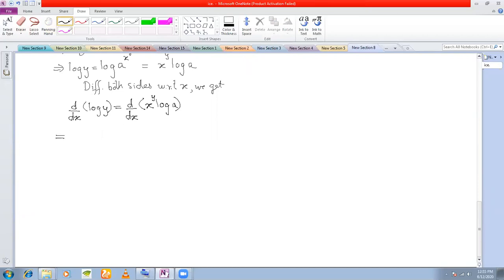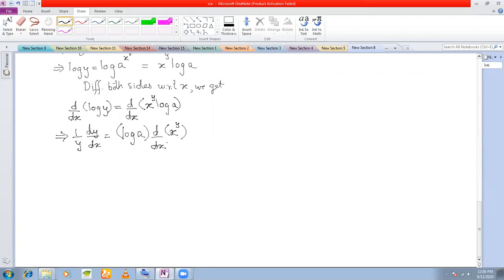That means d/dx log y can be taken as 1 by y dy/dx is equal to, now log e is a constant, so you can take it out of differentiation, log e d/dx of x to the power of y.